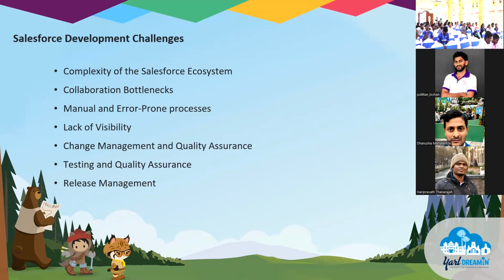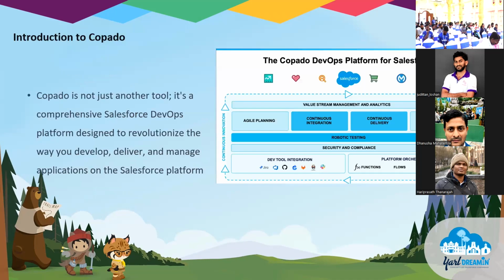And also there is no collaboration over there. You just create the package and deploy, and the whole metadata will be deployed. You don't have version controlling over there. So a developer could override some other developer's changes. To overcome these issues, Copado was built. So what is Copado?